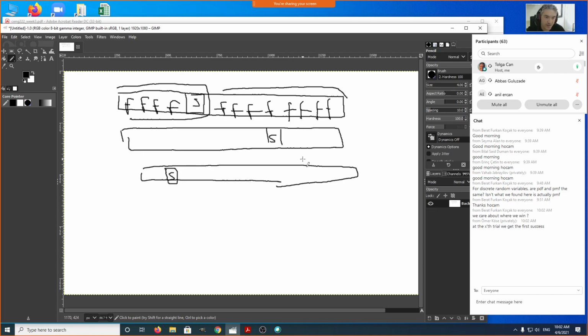In other words, in the geometric distribution, if you get the success at the X-th trial, it means that the X minus 1 trials before it should be failures. So there's only one place where the success is going to be observed when you're asking for the number of trials to get the first success.